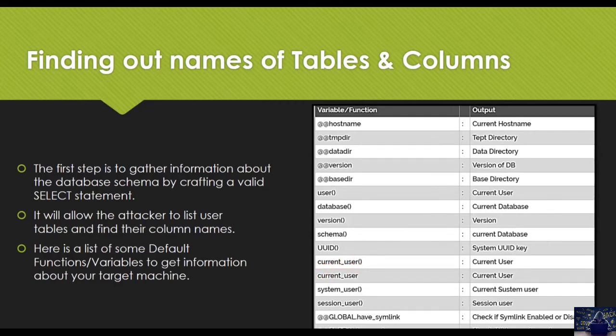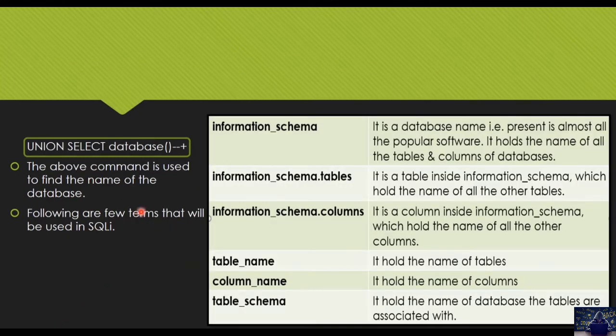So after finding names of table and column, here is a list which we will be using in our SQLi. Information schema. It is a database name that is present in almost all the popular software. It holds the name of all the tables and columns of databases. Information_schema.tables is a table inside information schema which holds the name of all the other tables.